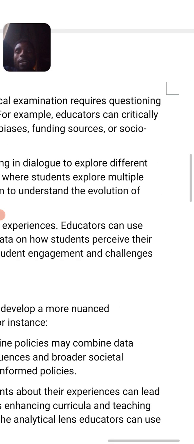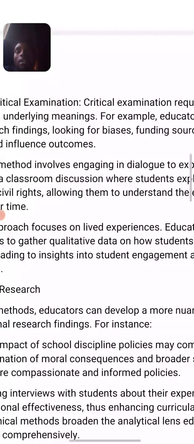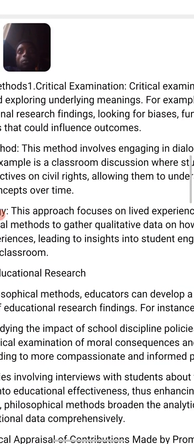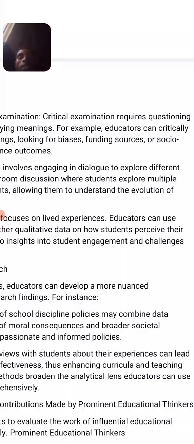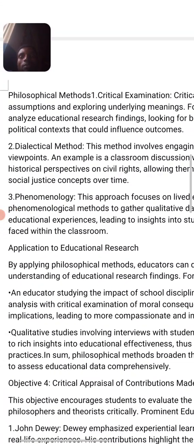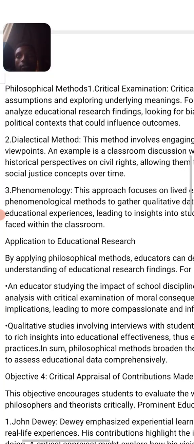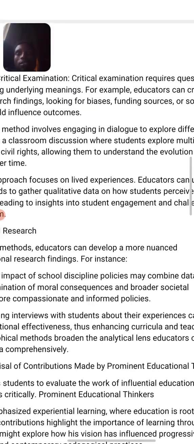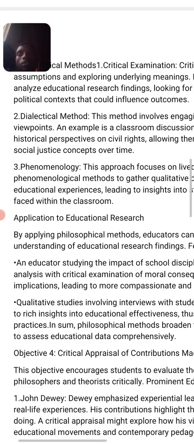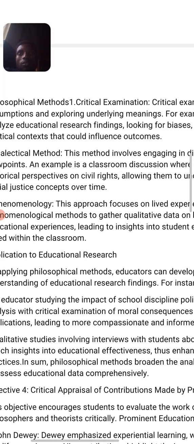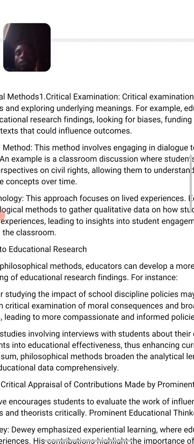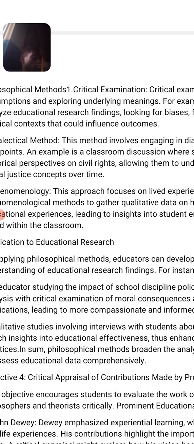For example, educators can critically analyze educational research findings, looking for biases, funding sources, or social political context that could influence outcomes. So critical examination requires questioning assumptions and exploring the underlying meaning.